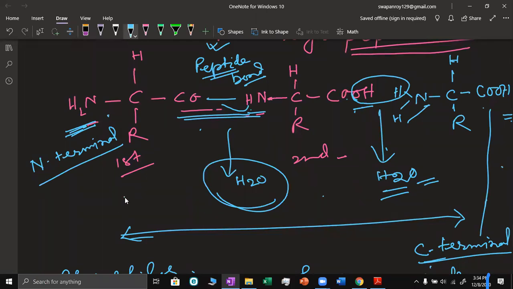Say this is one amino acid, this is another amino acid, this may be a third one, maybe the same amino acid or maybe a different amino acid.